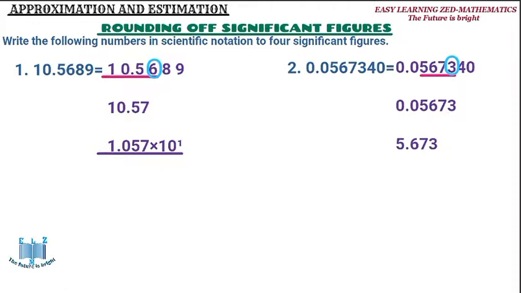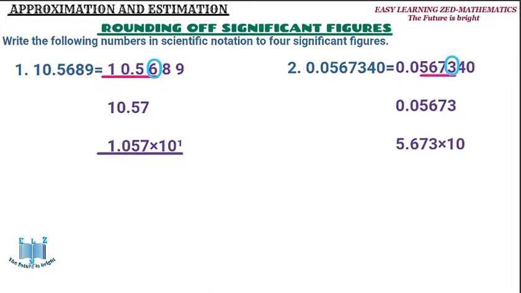Once we have done that, we multiply it by 10. Since the decimal point has moved from the left going to the right, we are going to raise this 10 to a negative number. How many times has the decimal point moved? It has moved twice. So we raise 10 to negative 2. The number of the movement is 2 and the direction is going to the right.